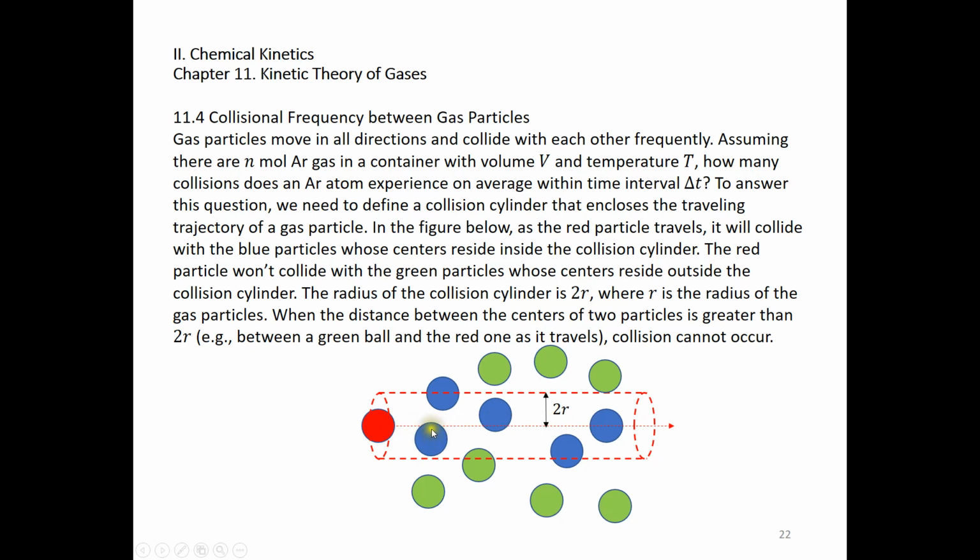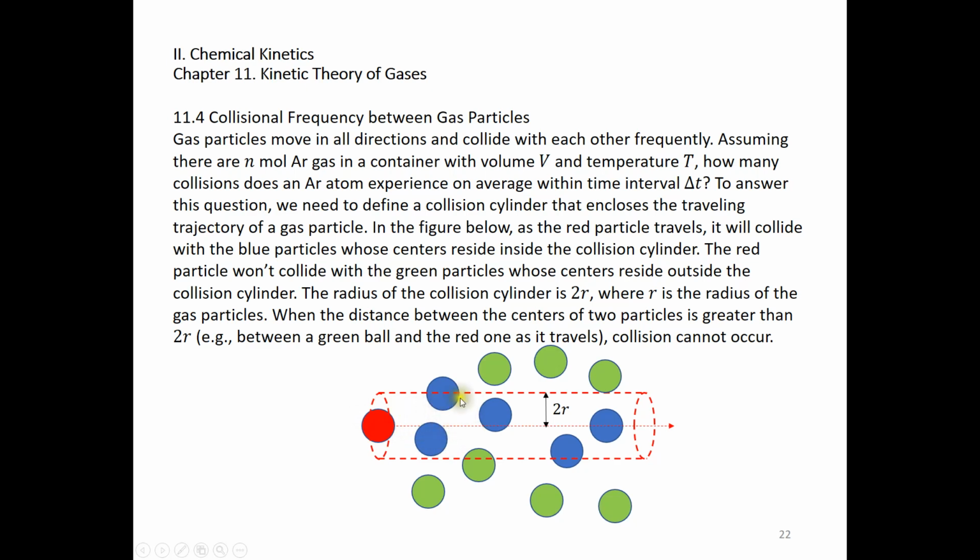Now what will happen is this. If we look at the trajectory of the red sphere, when it moves in this direction, it's going to collide with this blue sphere. And if it keeps moving, it's going to collide with this sphere. How do we know that?